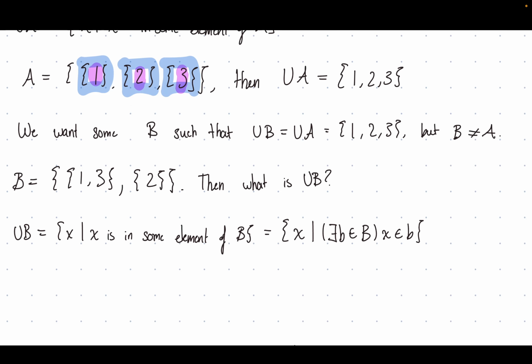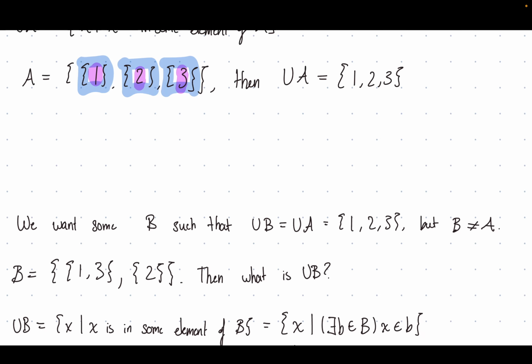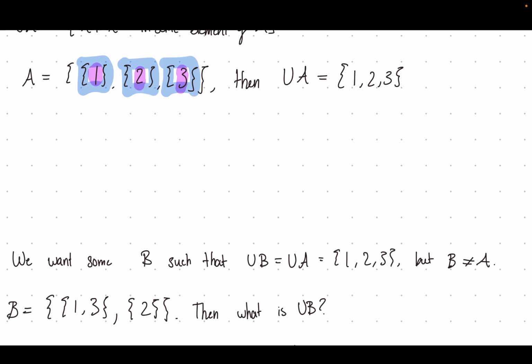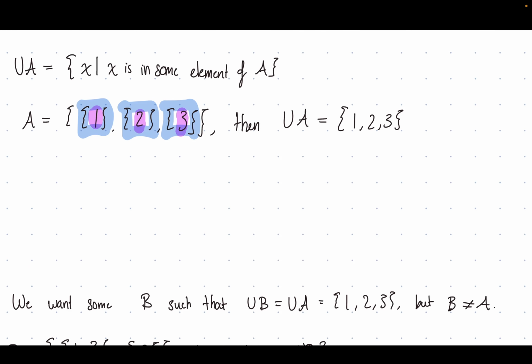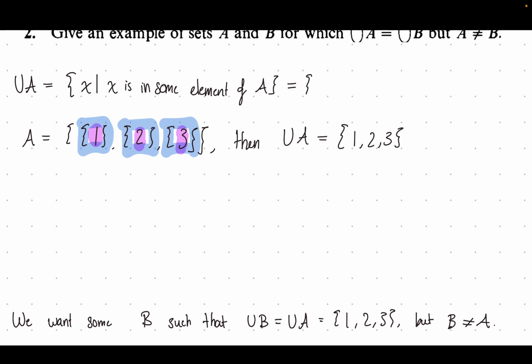And just to go back to our previous example, to see that I'm explaining this properly, the same definition applies to everything. So just let's extend this and say that x such that there exists some little a in big A such that x is in little a, right?